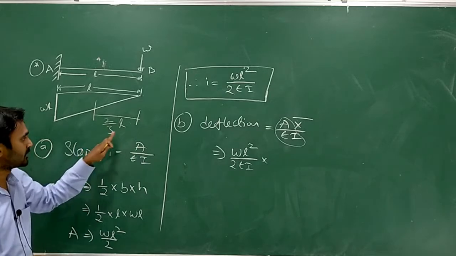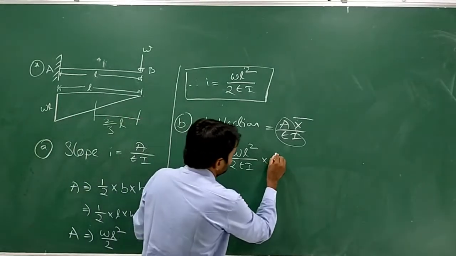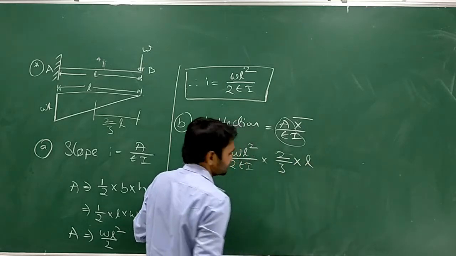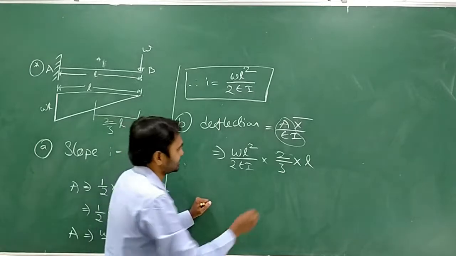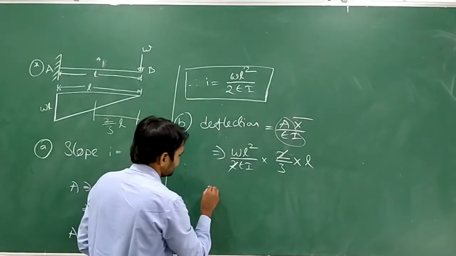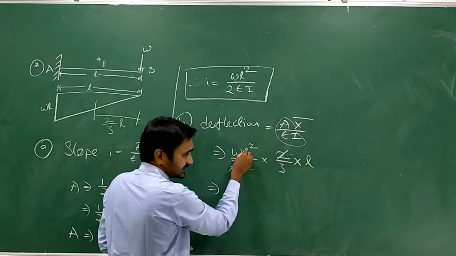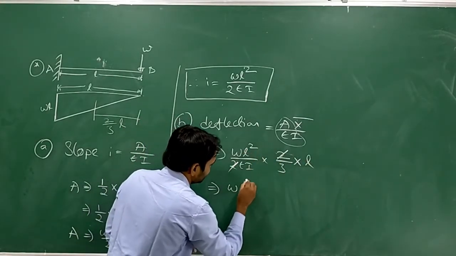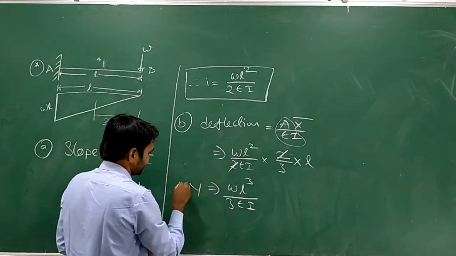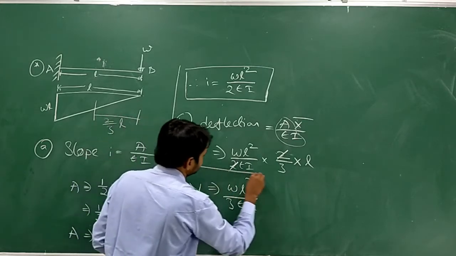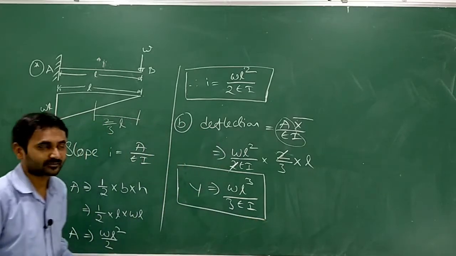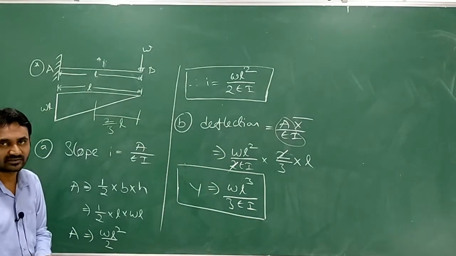What is X bar? 2 by 3rd of base, that is 2 by 3 into L. So here 2 gets cancelled, and here L into L square gives L cube. So WL cube by 3EI is your deflection, this is your Y. You got slope, you got deflection.